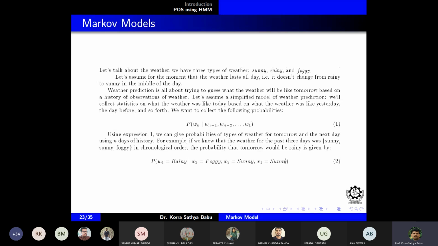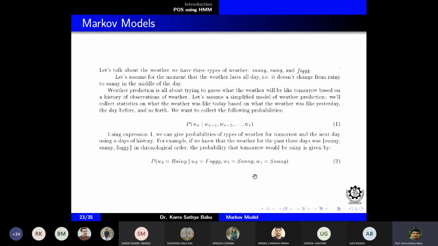Weather prediction is about trying to guess what the weather will be like tomorrow based on the history of observations we have taken. Let's assume a simplified model of weather prediction. We are mostly interested in the previous history of the weather. Suppose yesterday was rainy and today was foggy, then what would be the probable weather tomorrow?